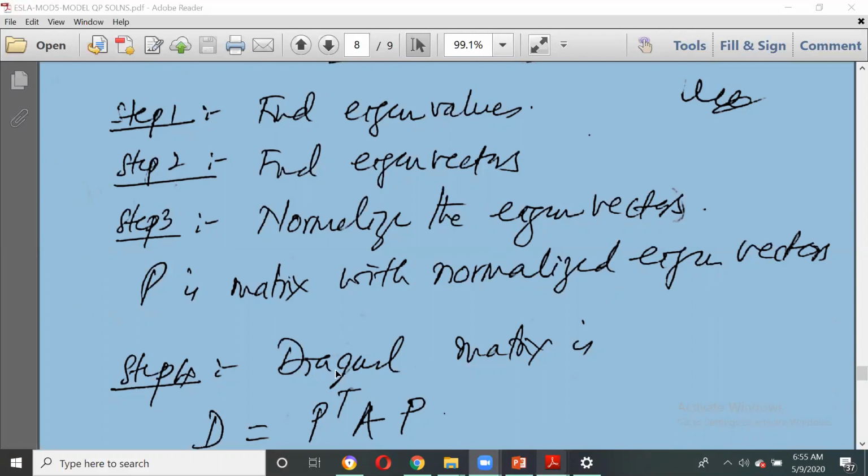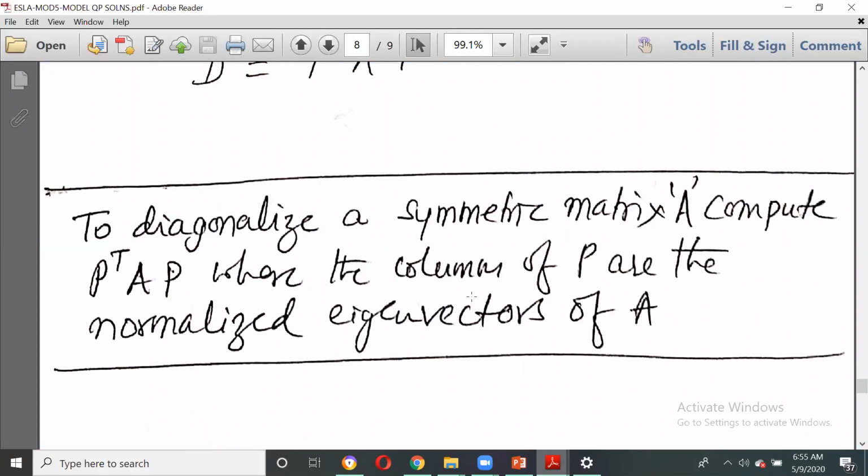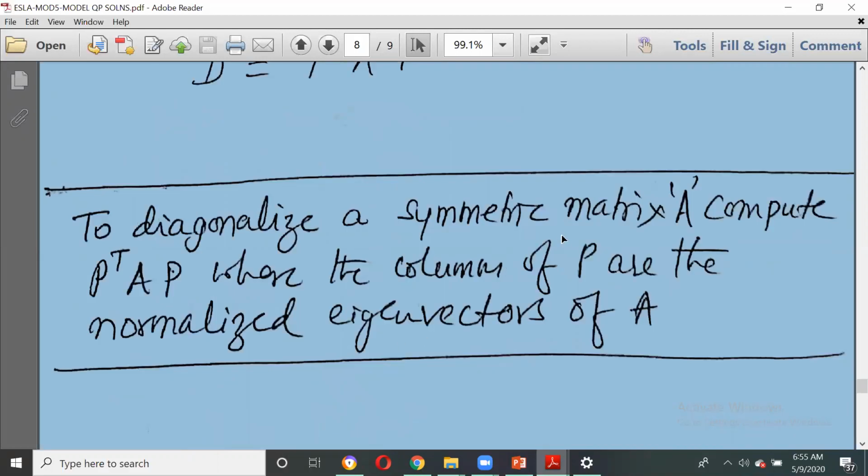From that you find P transpose, and then P transpose AP is what we need to find. So to diagonalize a symmetric matrix, compute P transpose AP where the columns of P are the normalized eigenvectors of A. Normalized just means you divide each eigenvector by its length.